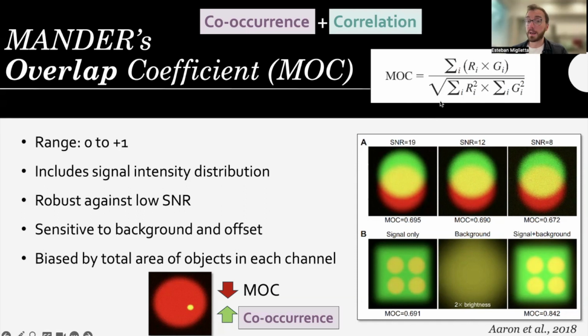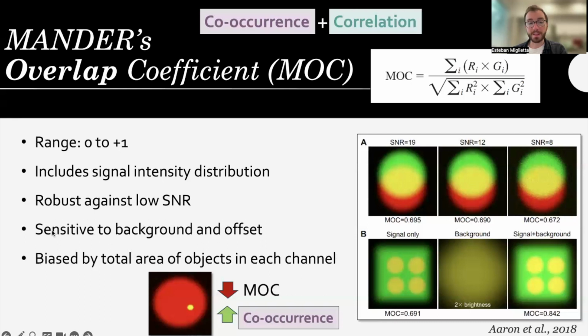The opposite to what we said about Pearson's, this is quite robust against low signal to noise ratio. Here you can see these situations with varying values for SNR. Here we have more noise. Actually, the MOC value varies very little.